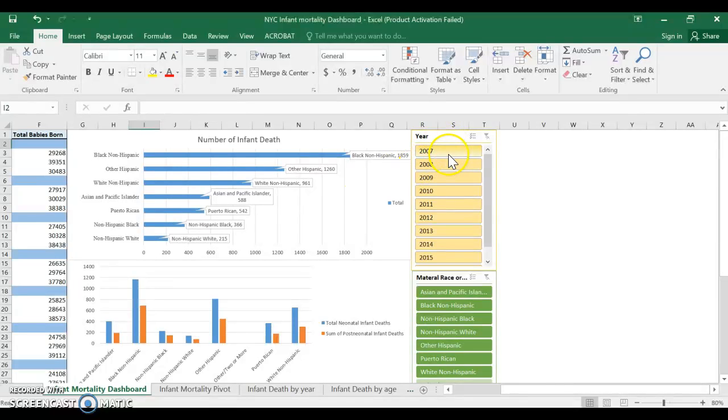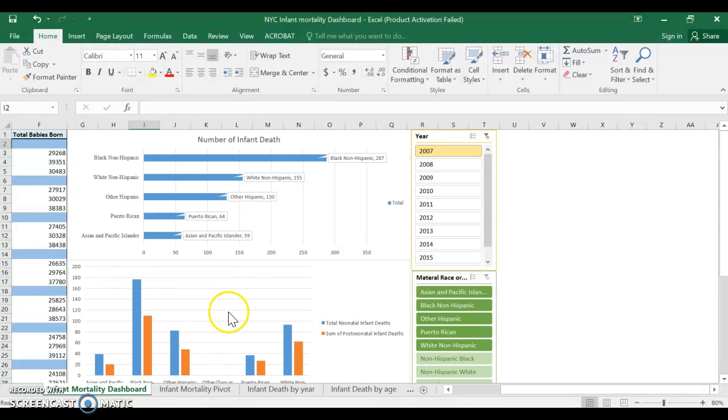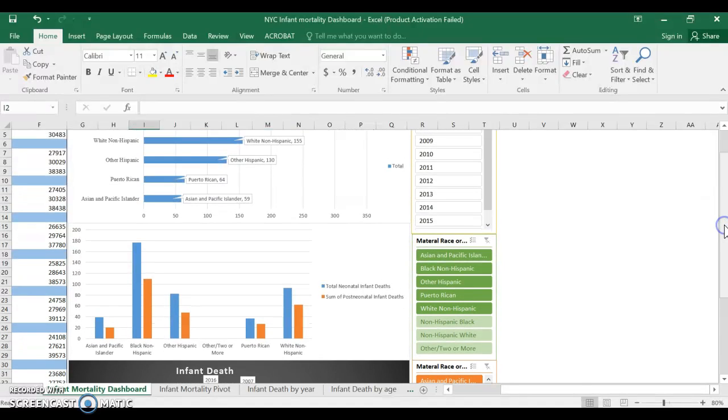If I select 2007, I'll see the overall picture of infants who died by their race, and also the deaths categorized by age here.